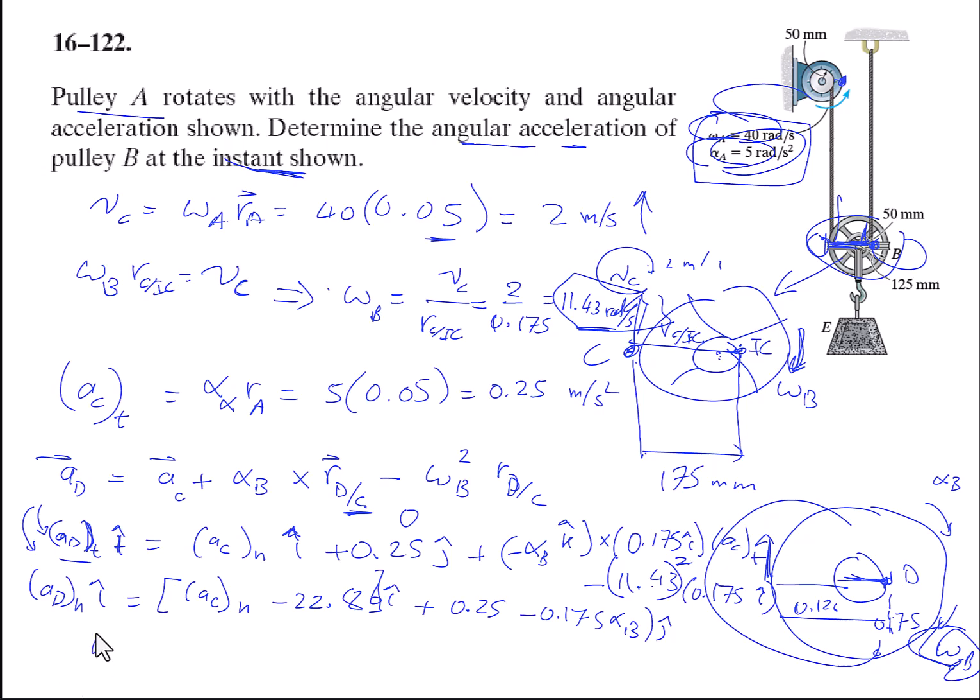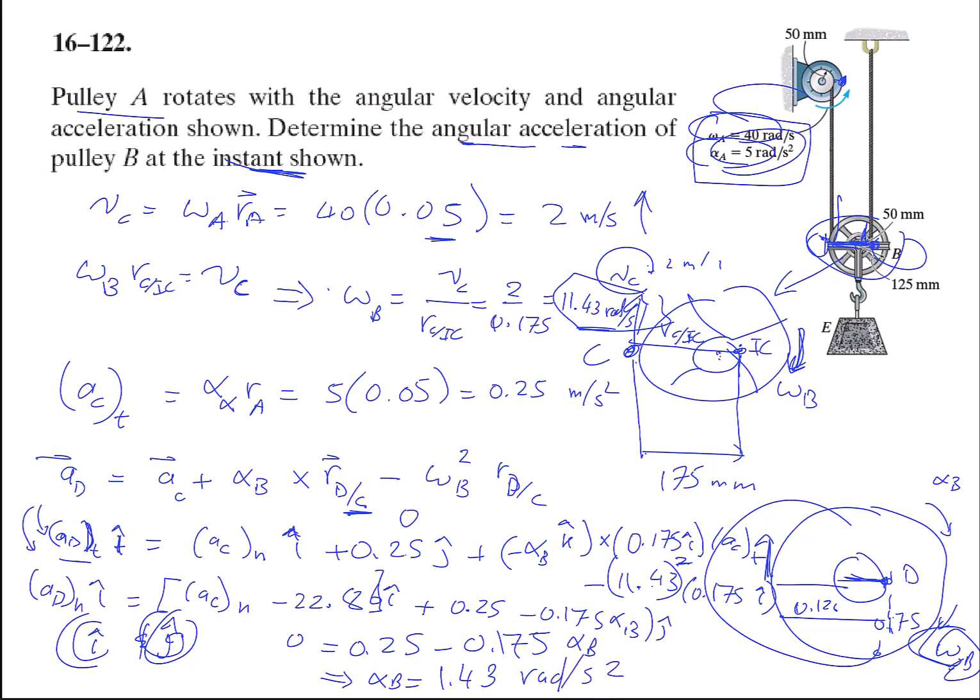So evaluating the I terms and the J terms separately, you'll see 0 is equal to 0.25 minus 0.175 alpha B, and that alpha B is 1.43 radians per second squared.